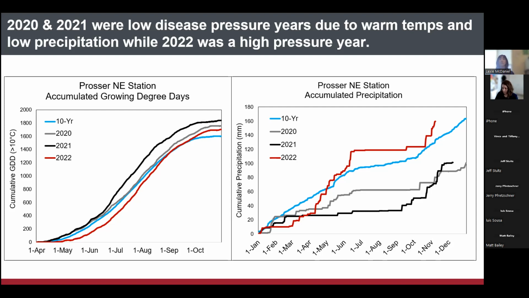So those led to very low disease pressure years. So we have 2 low disease pressure years with 1 high disease pressure year. And that is showing the critical window period right there. Again, that red line had a lot of precipitation. So that was good for this year, not for growers, but for my research, just showing that there was disease out there.